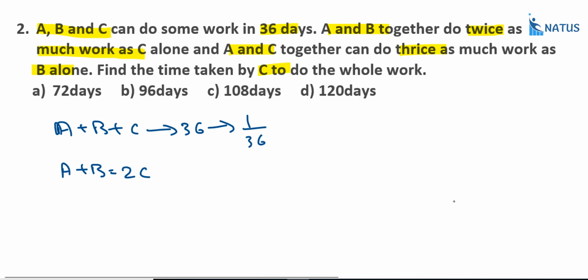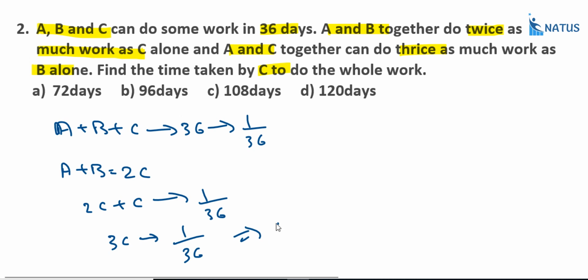Because A and B together do twice as much work as C. So A plus B is equal to 2C. Now if you substitute this value in the first equation, 2C plus C can complete how much work in a day? 1 by 36, right? 3C is equal to 1 by 36.